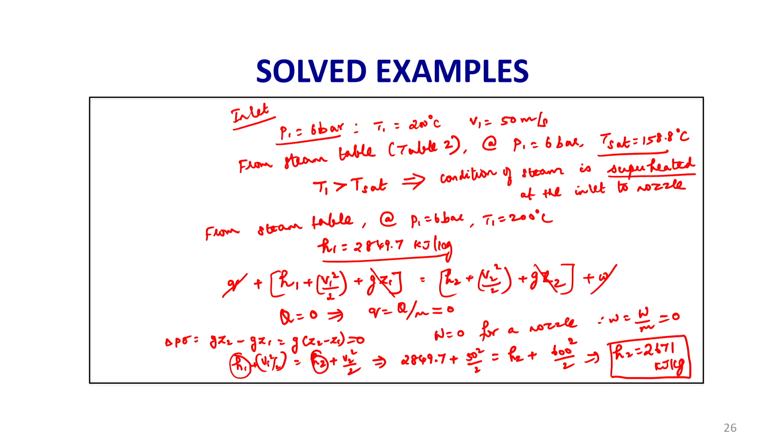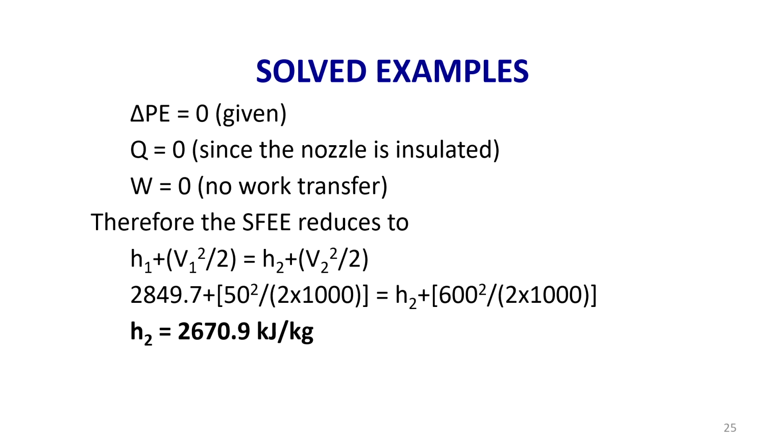So, to have uniformity, you have to divide by 10 power 3, that is 1000. Here also you should have into 1000. Let me explain here itself. This is to be there for the velocity term, otherwise the answer will be different.